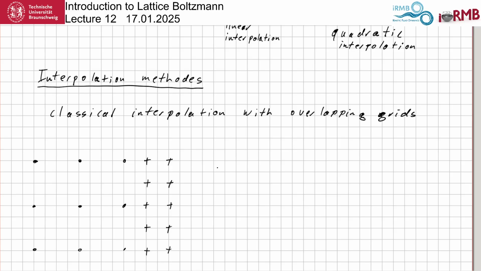So, say on the left is the coarse grid, and on the right is the fine grid, right? Okay, I should have used a color. So, say here is an overlap, and of course we also have these nodes.